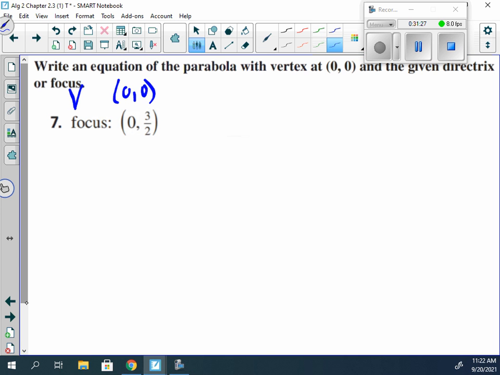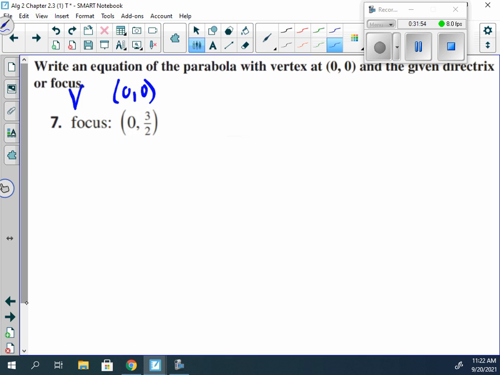So the vertex is still (0, 0). Is the x value changing from the vertex to the focus, or the y value changing from the vertex to the focus? The y, because it's going from 0 to 3/2. So which equation has the y value changing from vertex to focus?